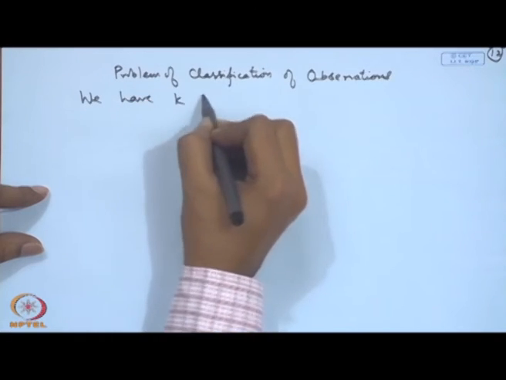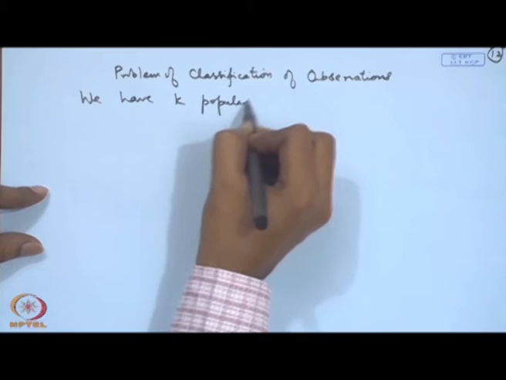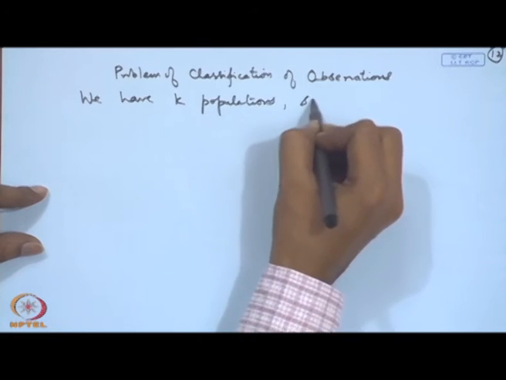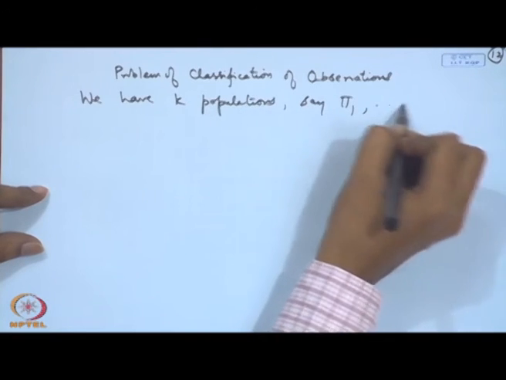Now, this kind of problem can be considered in a more general setting. We have k populations, say pi 1, pi 2, pi k.